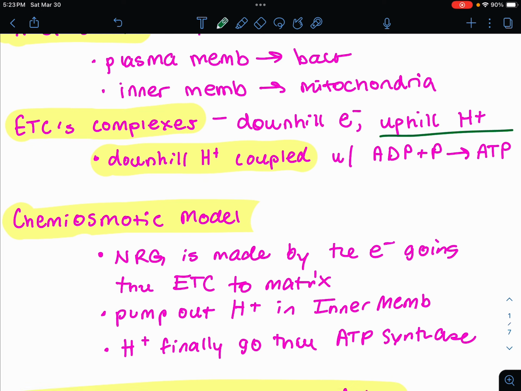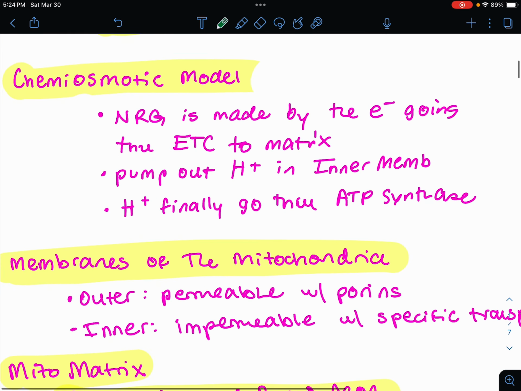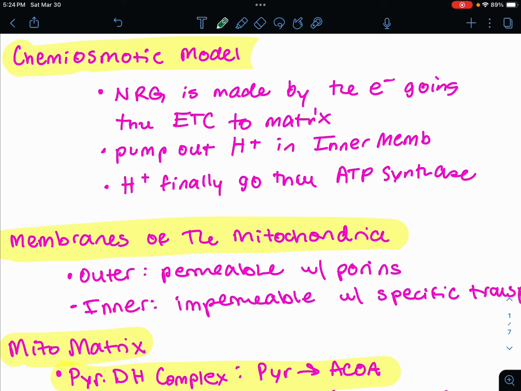This downhill entrance of hydrogens back into the mitochondrial matrix: once we've pumped out a lot of hydrogens into the membrane, we're going to go downhill now through the ATP synthase, and this is where we're going to actually make the ATP. We have this chemiosmotic model. Energy is made by the electrons going through the electron transport chain to the matrix.